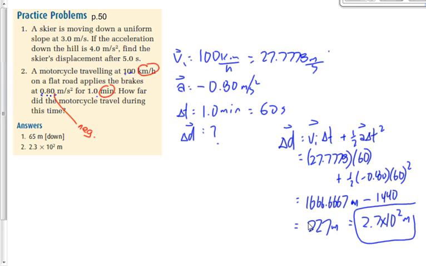A chain is only as strong as its weakest link. If you have a really weak link in a chain, no matter how strong the rest of them are, the chain is weak. If you have a weak piece of data that is 2 digits, then the answer could only be 2 digits as well. You can't be more certain about your answer than you are about your data. So my least precise piece of data is 2 digits. My final answer should be 2 digits.